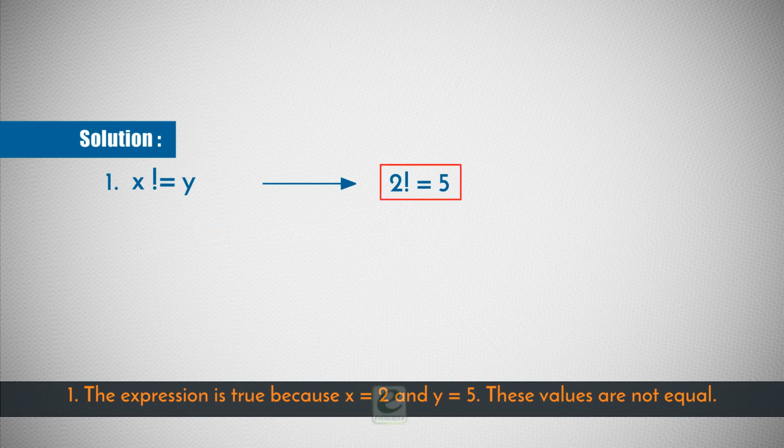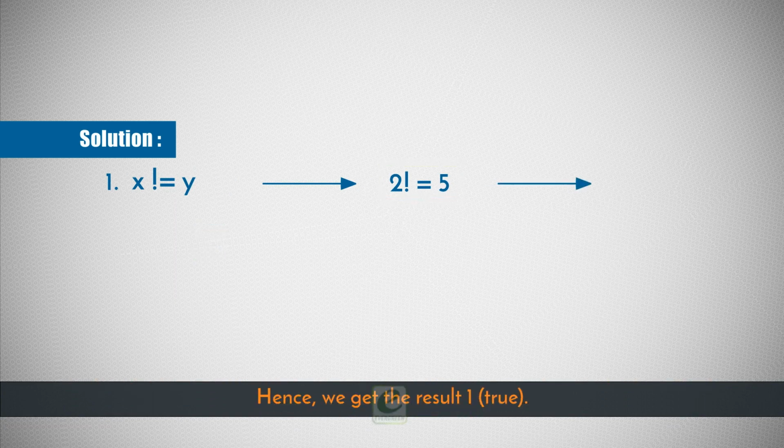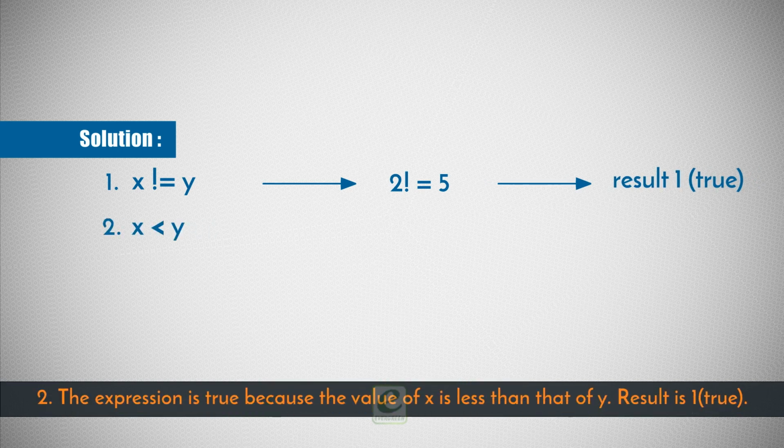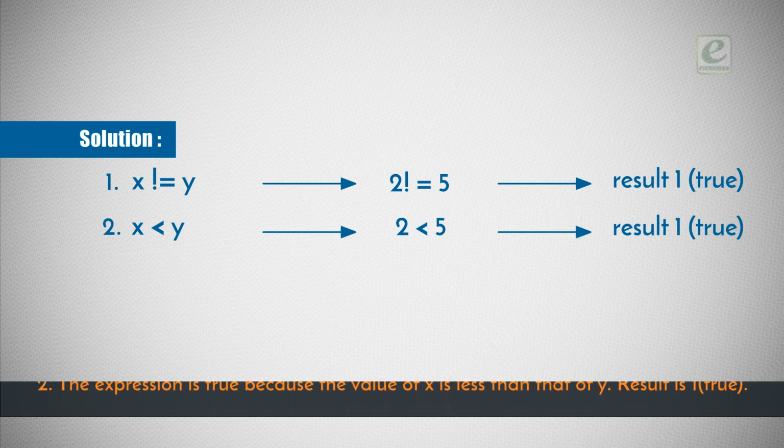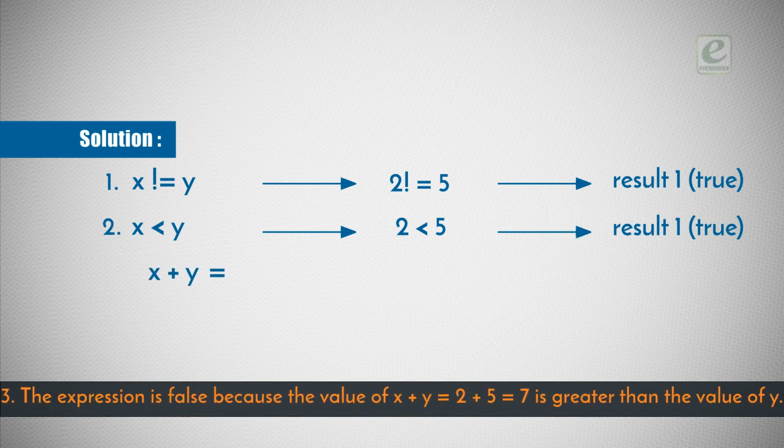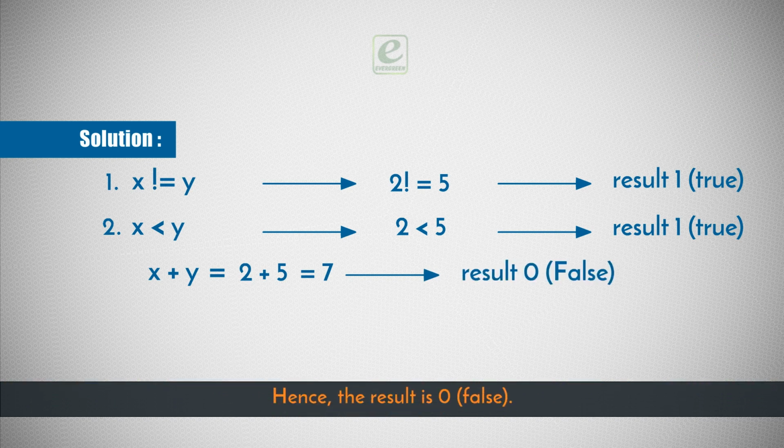These values are not equal, hence we get the result 1, true. Second, the expression is true because the value of x is less than that of y. Result is 1, true. The third expression is false because the value of x plus y equals 2 plus 5 equals 7, which is greater than the value of y. Hence, the result is 0, false.